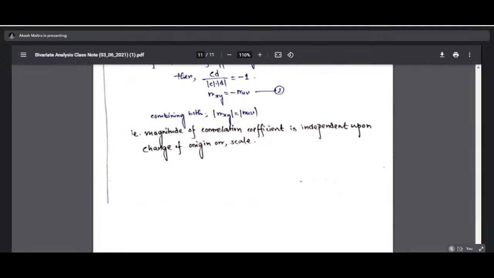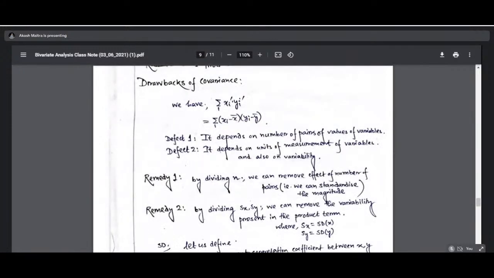Positive correlation means the slope is positive, negative correlation means the slope is negative, and in zero correlation there is no need to talk about slope. Then we defined the product moment correlation coefficient, or Karl Pearson correlation coefficient.